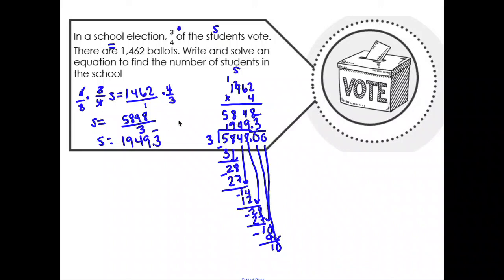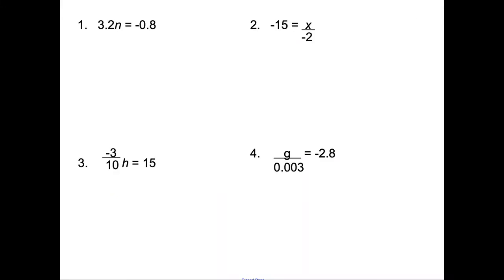However, I can't have 3/10 of a student. So that means I need to round. So I'm going to say that's 1,950 students. Sometimes in story problems, you do need to think about whether a fraction or decimal answer makes sense.